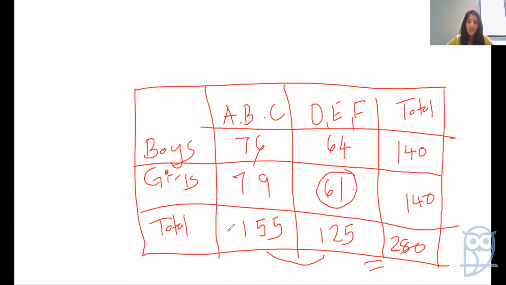So how do we work out the probability? We divide: 61 divided by 280, and our answer is 22%. So there's a 22% chance that a student chosen at random will be from the D, E, or F category, and will be a girl. Okay?